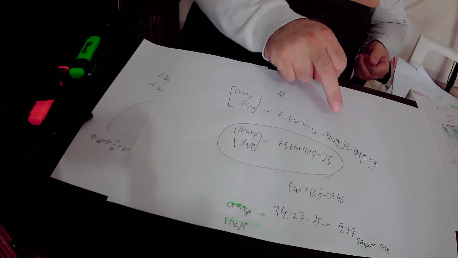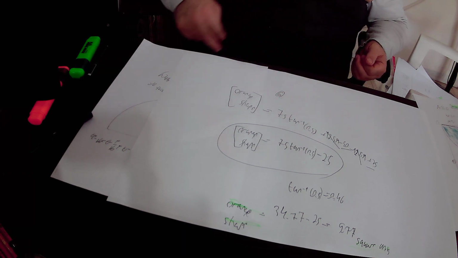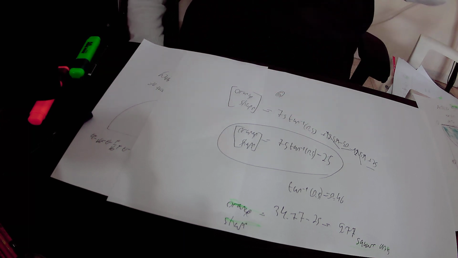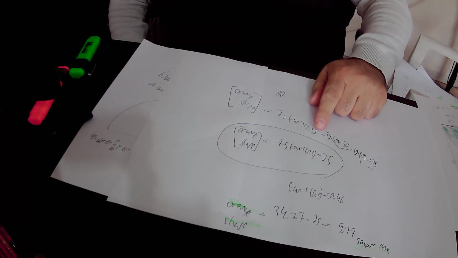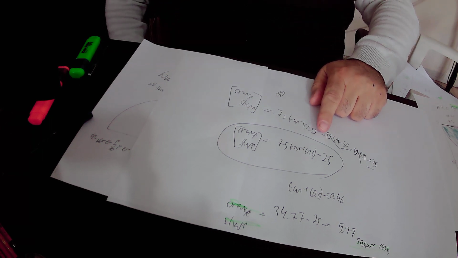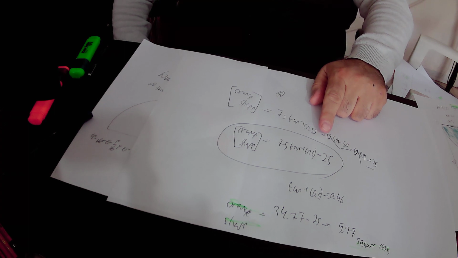So 25 minus 50 is minus 25, so in conclusion the area of the orange shape equals 75 times tangent inverse of 0.5 minus 25.